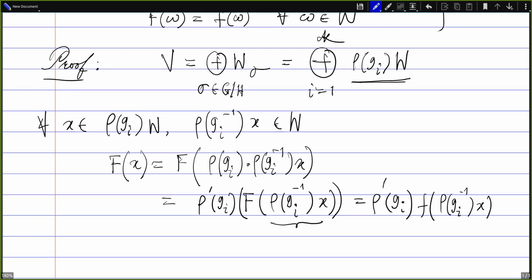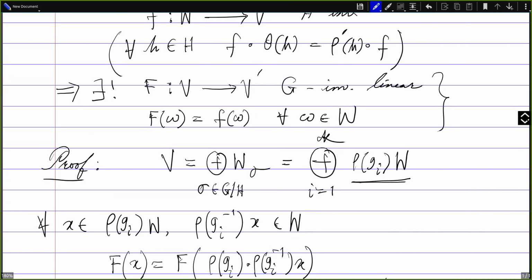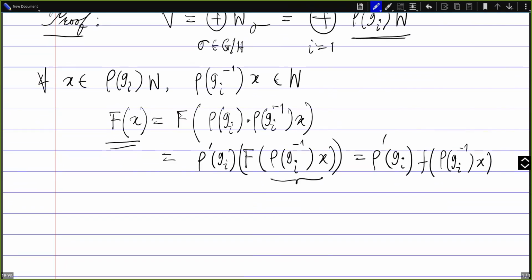So if f is a G invariant linear map on V that extends small f, then for every x belonging to any summand, f of x must be this. And this just involves the small f which is given to us and the representations.